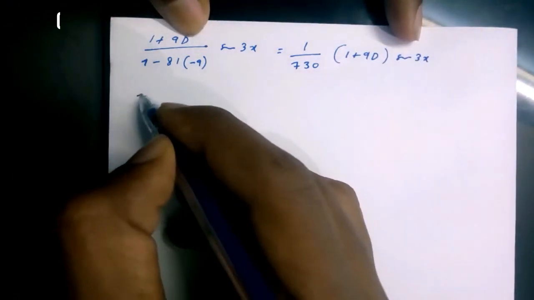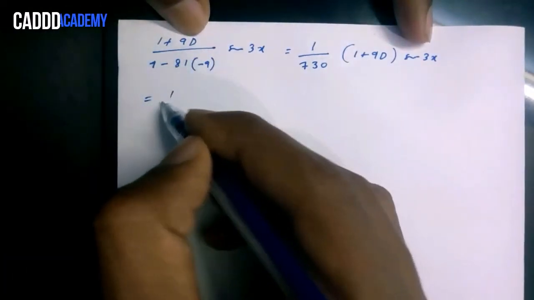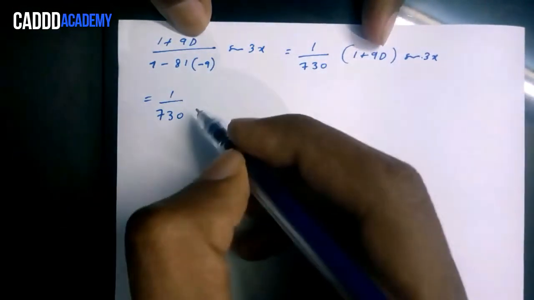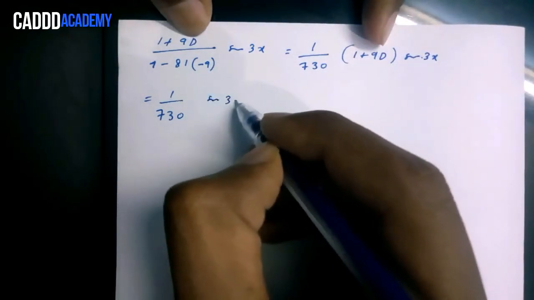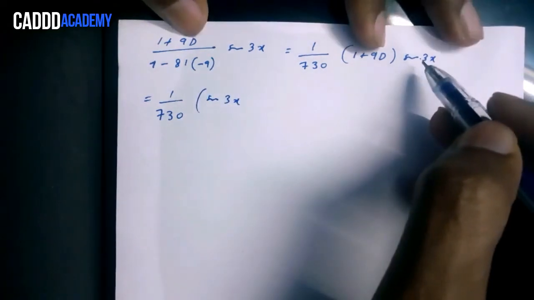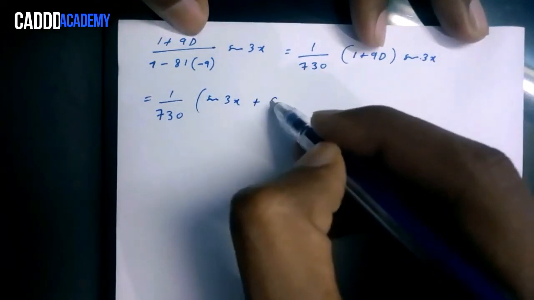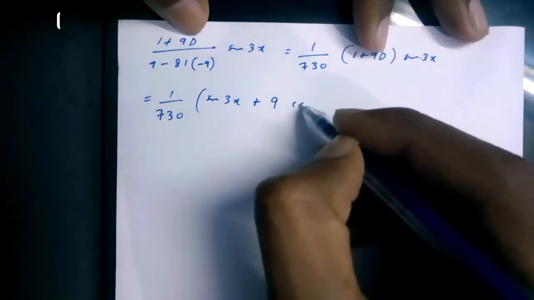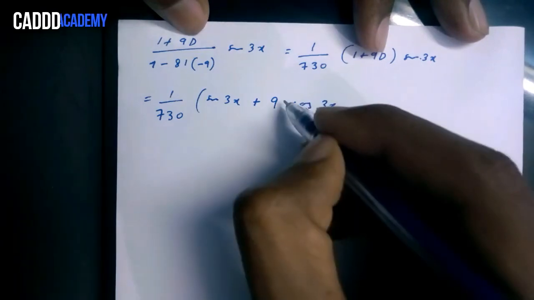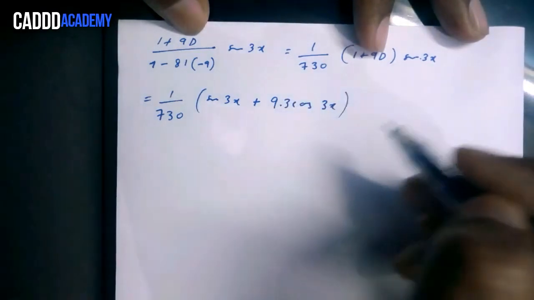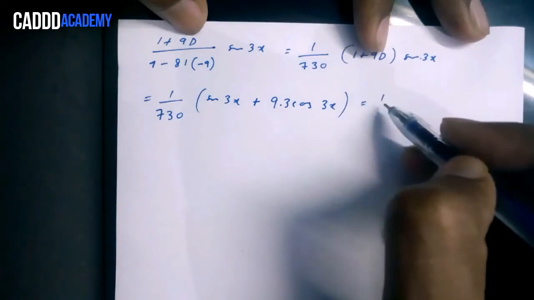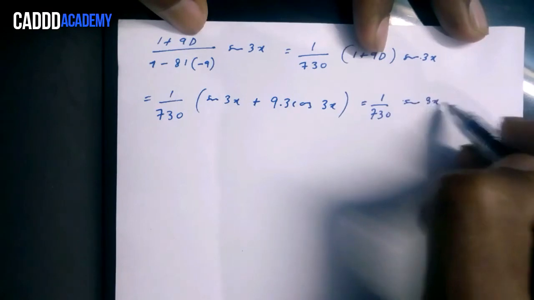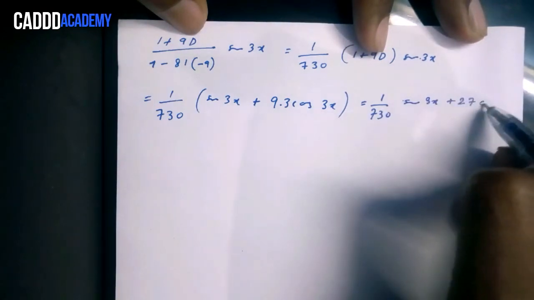So sin 3x into 1 is just sin 3x, and 9 into the differentiation of sin 3x is cos 3x into 3. So this will be 1 by 730 into (sin 3x plus 27 cos 3x).